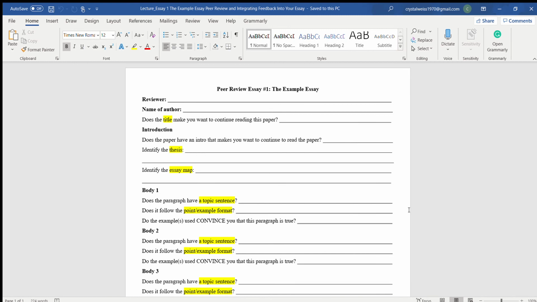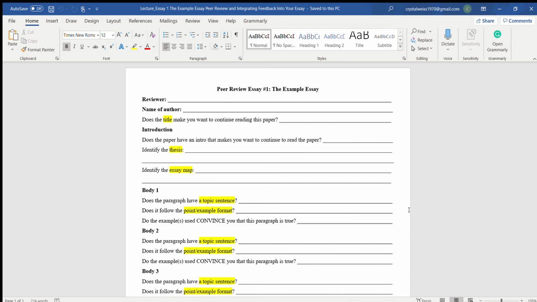You may not get a chance to work on it as you do your drafts, but by the time you get to your final essay, you should have taken a look at that. You take what I say and you integrate it. You use it for your papers. You don't ignore what I'm telling you. That's a bad idea to ignore the instructor, don't you think? So then you would use that to improve your paper.